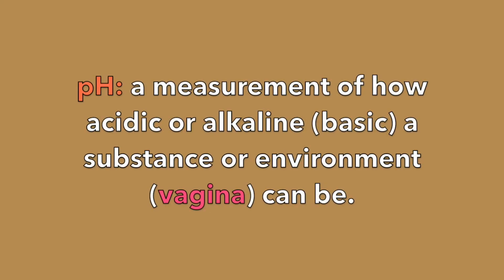So first, before we get deep down into the nitty gritty about the vajayjay and the pH, let's first talk about exactly what a pH is and what the normal pH is. pH is a measurement of how acidic or how alkaline or basic an environment or a substance, aka your vaginal region, can be. The pH level ranges from 0 to 14.